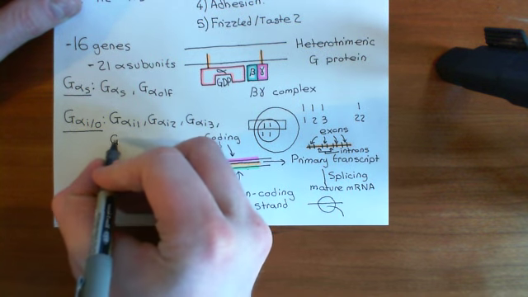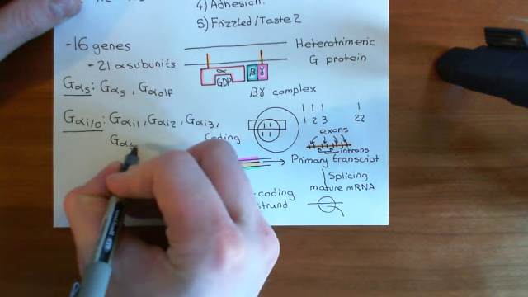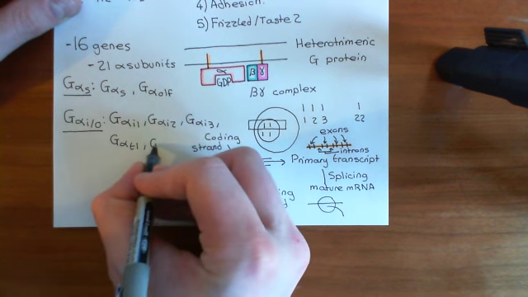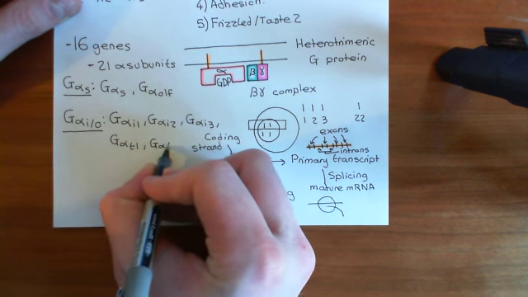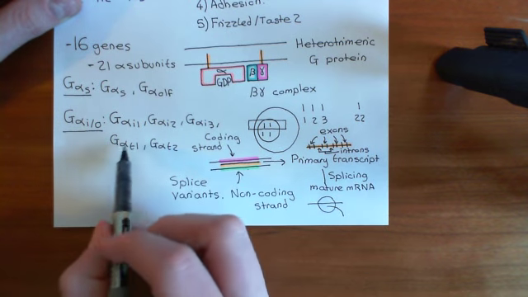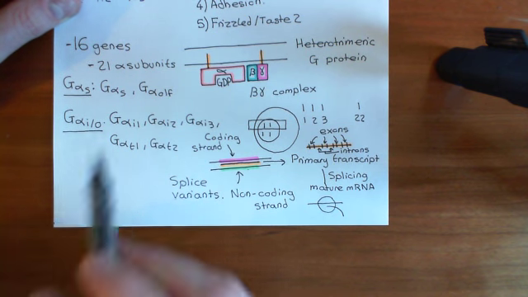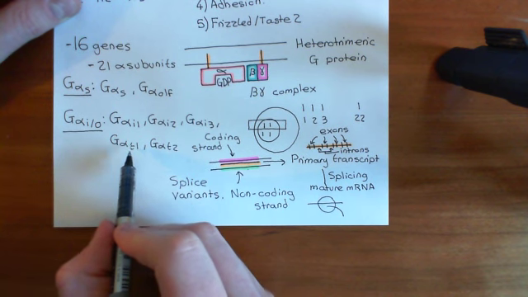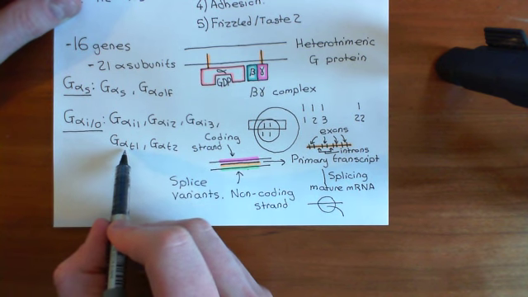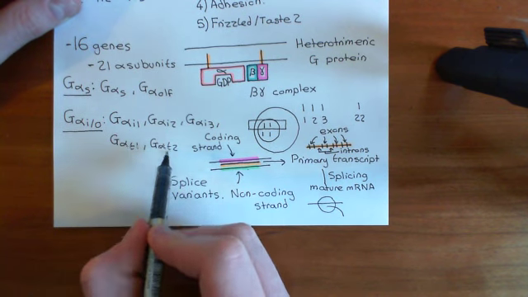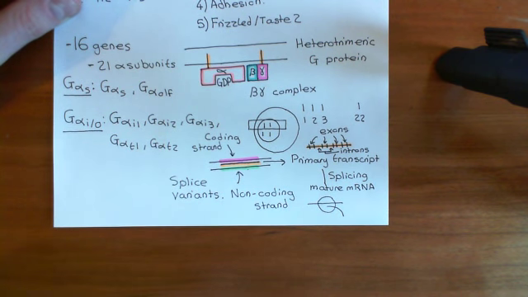There is then the G alpha T1, and also the G alpha T2. Now these are the alpha subunits that you use in transducin, which is a heterotrimeric G protein used in the photoreceptors in the eye. G alpha T1 is the alpha subunit that you use in transducin in rod cells. G alpha T2 is the alpha subunit of transducin that is used in cone cells.